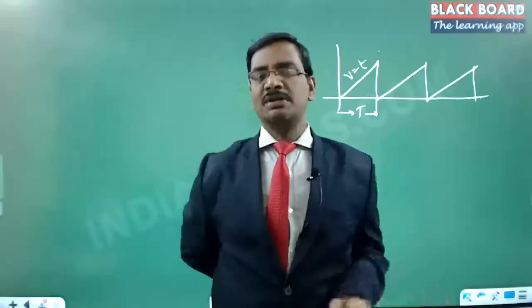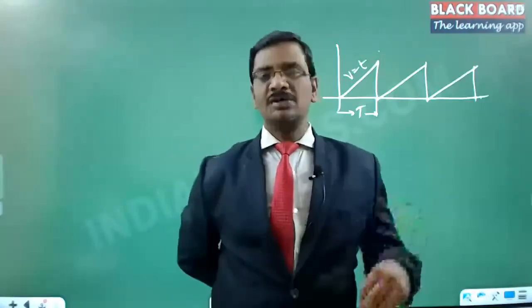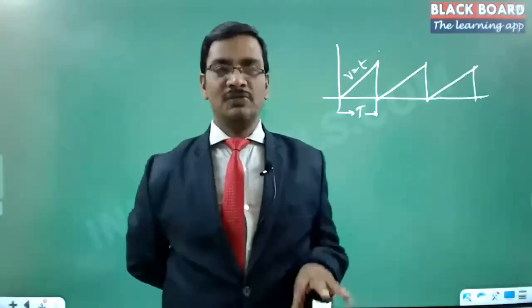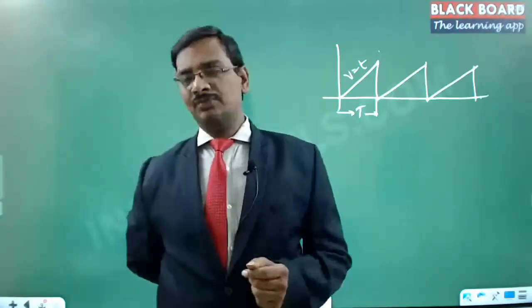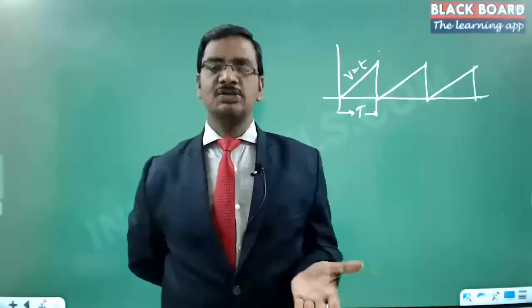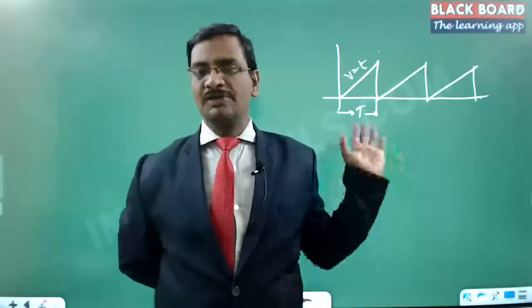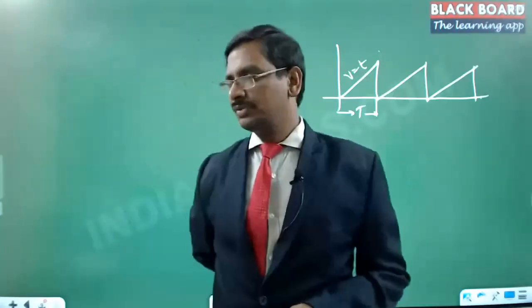Most of the time we are tempted to think that the RMS value is always Vm by root 2. But we forget that the value is dependent on the shape of the waveform. If the shape is sinusoidal, then it is Vm by root 2, but if it is triangular, it is not. Got it?